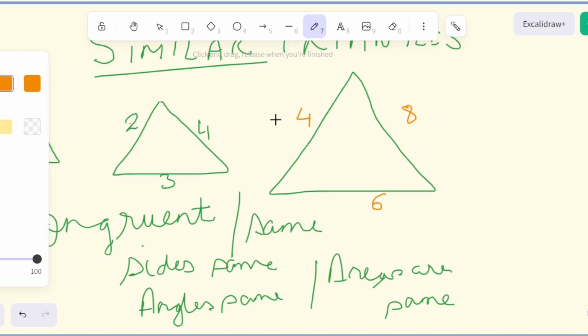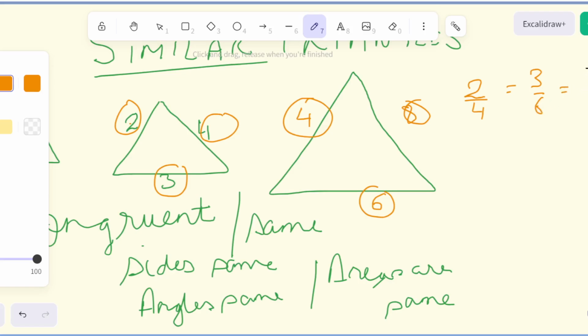The sides are double, right? It's not just one side that is double. This was 3, then this is 6. If this is 4, this is 8. This is 2, this is 4. If you divide the proportional sides, all of them have the same ratio: 1 over 2, 1 over 2, 1 over 2.